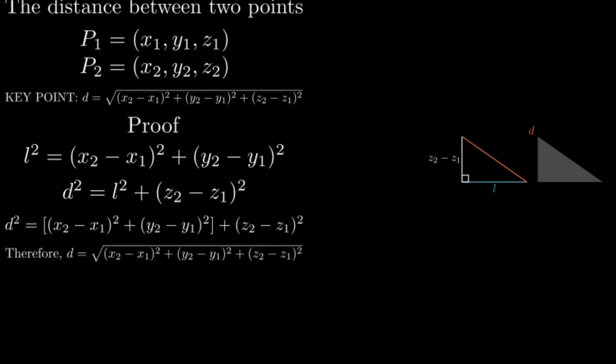The distance d is the square root of the sum of the squared differences in each of the 3 coordinates. We've successfully derived the formula by applying Pythagoras' theorem twice. So we have now seen how the 3D distance formula is a natural extension of the 2D formula derived directly from Pythagoras' theorem. We are now ready to apply it.